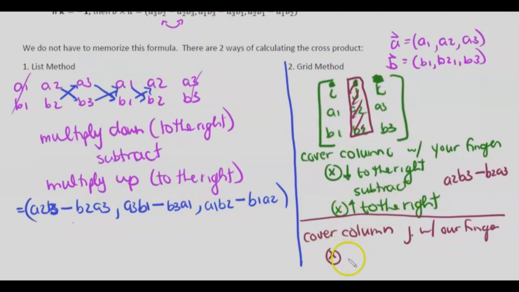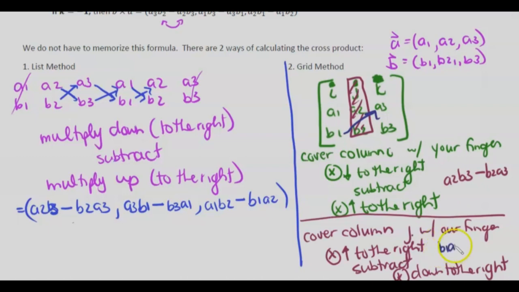Multiply up to the right, and we're going to get subtract, and then we're going to have multiply down to the right, of course. So what is this going to look like? It's going to be B1A3 minus A1B3.